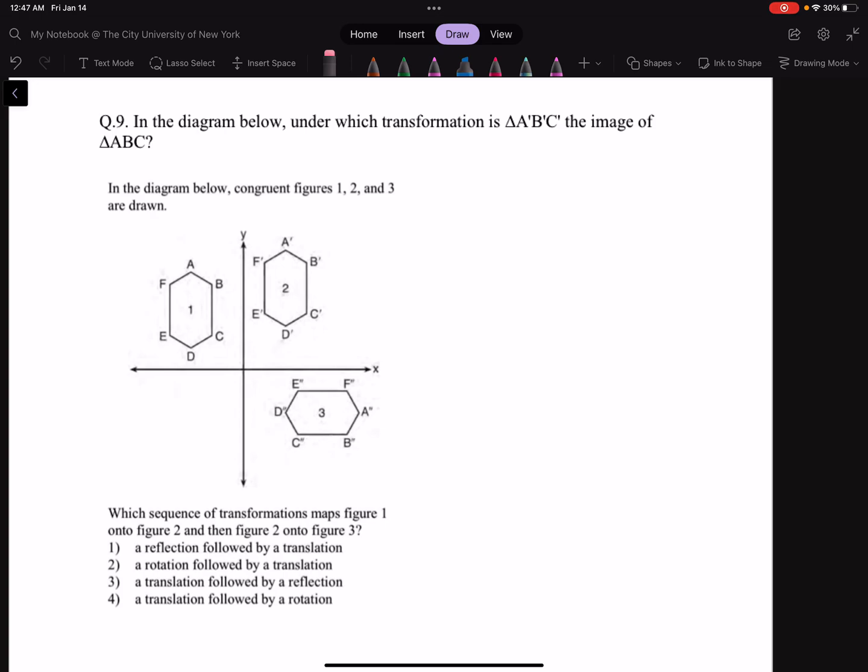It's a composite transformation. It says, in the figure below, under which transformation is A prime, B prime, C prime the image of ABC? So from ABC, this becomes A prime, B prime, and C prime. We can easily see that A goes to A prime.